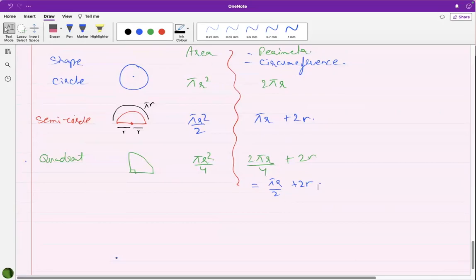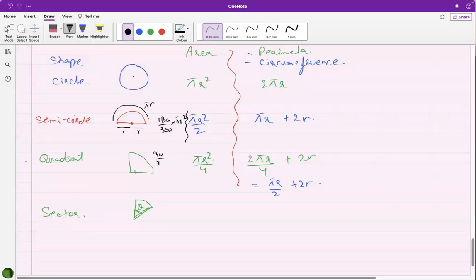Now, in the same way, if we keep reducing the size, but this time it is not 180, not 360, not 90, it is some angle. So we call it a sector. When we were talking about the semicircle, this was 180 by 360 of pi r squared, which resulted in pi r squared by 2, because 180 by 360 cancels to 1 by 2.